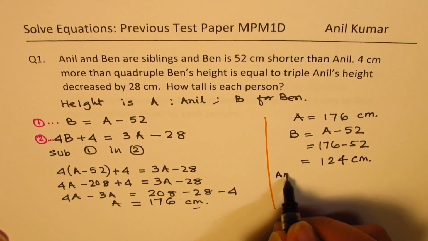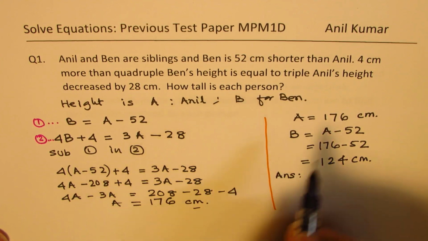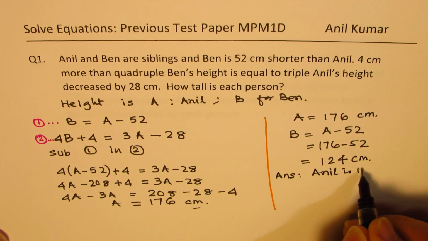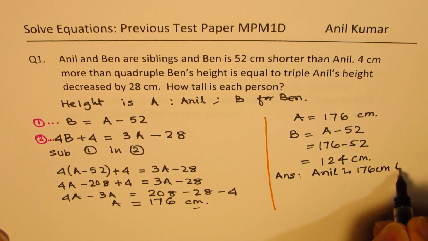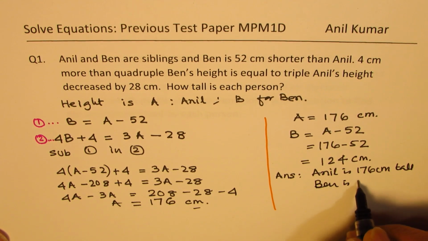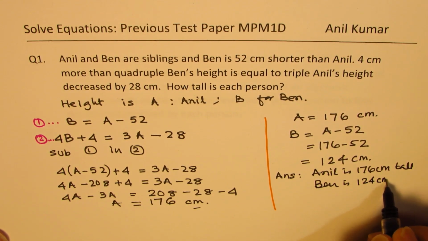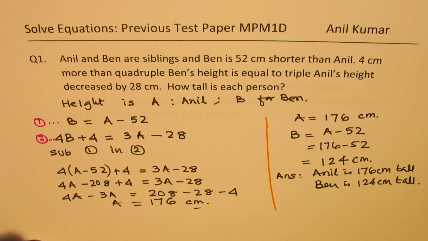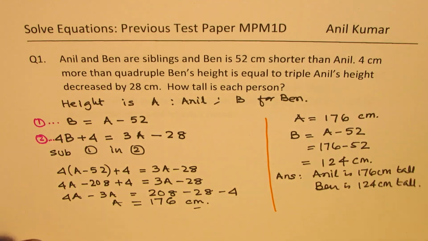So our answer here is that how tall is each person? Anil is 176 centimeters tall and Ben is 124 centimeters tall. Is that clear? So that is how we are going to answer the very first question. Let's move on and take the next question.